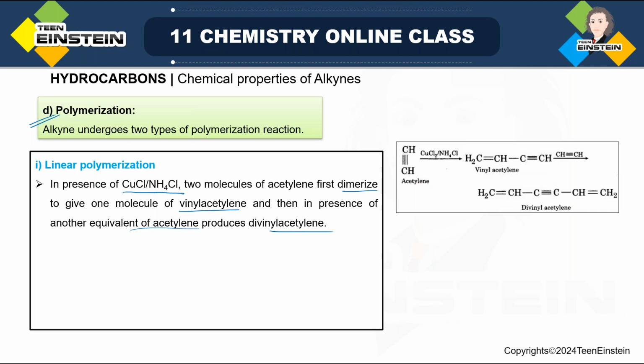So look at this reaction. You have started with acetylene, and suppose there is another acetylene you are taking. In the presence of CuCl and NH4Cl, there is formation of CH2=CH, then C≡CH. This is called vinyl acetylene. So what is happening here?